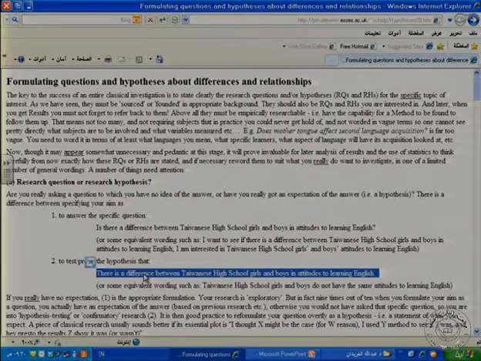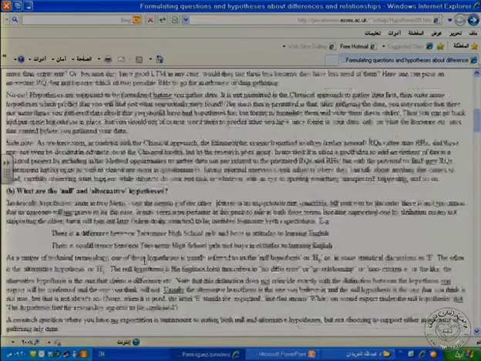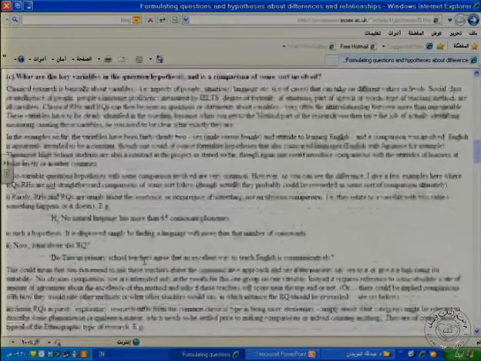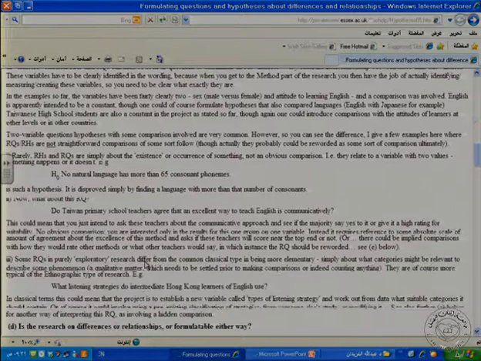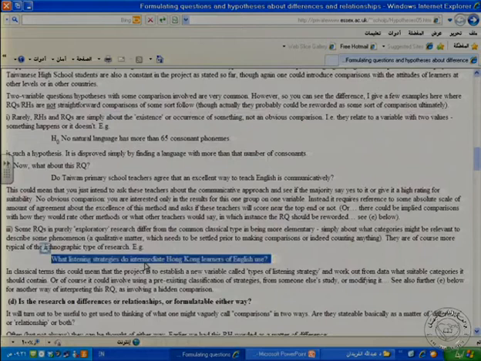And we have more examples here. Here is one example of a research question.